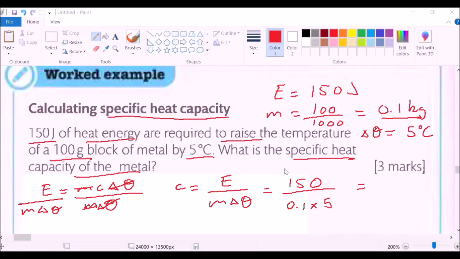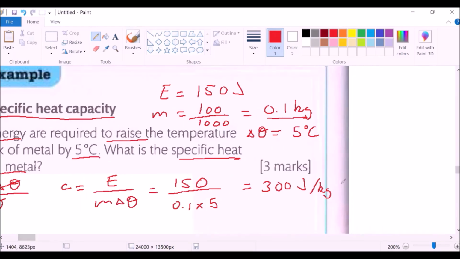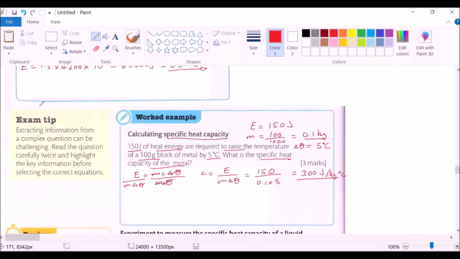Now we can calculate this, which is 300. Remember the units, joules over mass, kgs, temperature, degrees Celsius. So joules per kg degrees Celsius. So our answer is 300 joules per kg degrees Celsius.